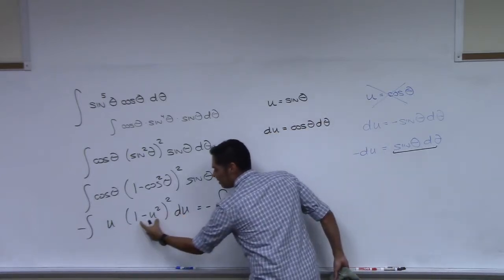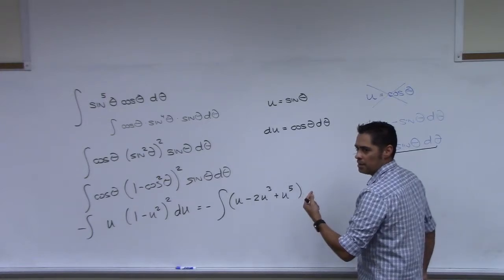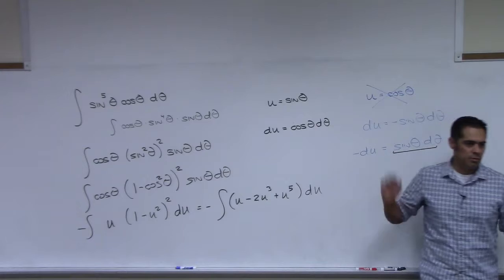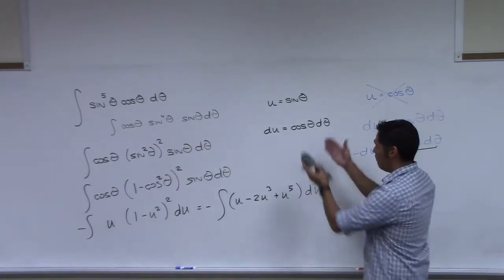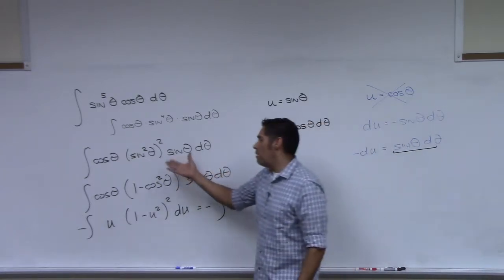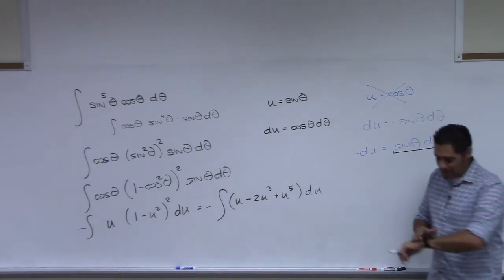So I FOILed this out, and then I distributed a u through. You follow me? And then du. And now I can do power rule on each one. I'm going to stop here. Better choice, right? But you can see that with this problem, I could still do it. It's still possible. Now, I have some bad news for you, though.